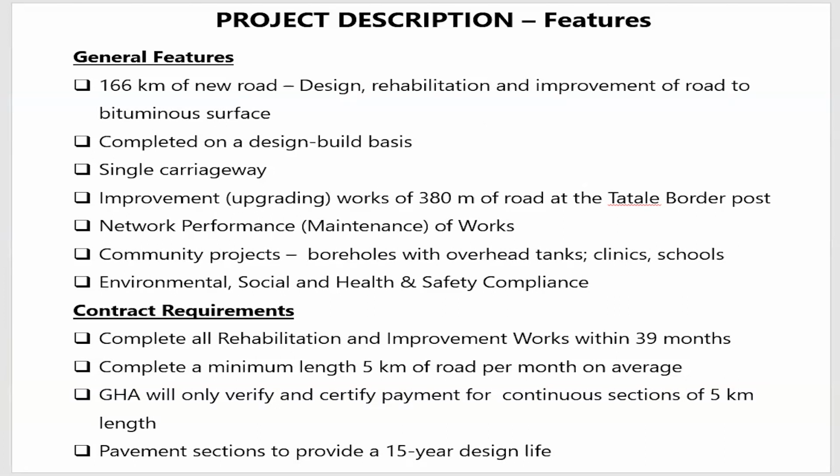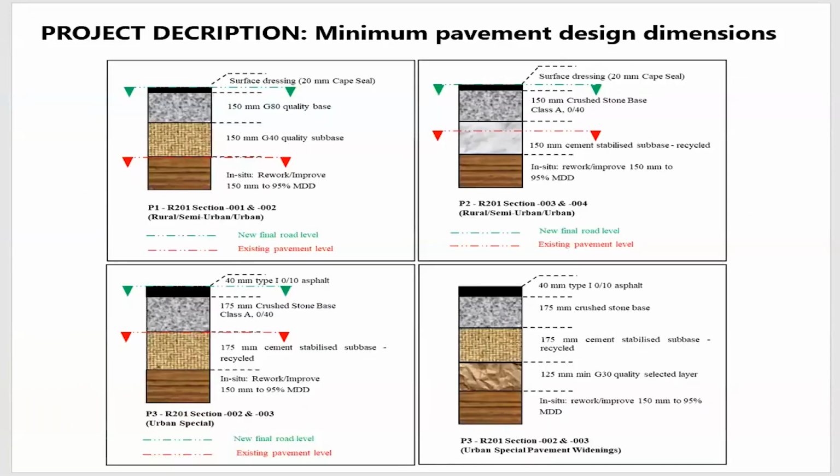The pavement is designed for a 15 year design period. Basically, these are the pavement design dimensions. There are 2 sessions to the pavement design: the Temale Yendi session and then Yendi Tatali, which was a gravel road.